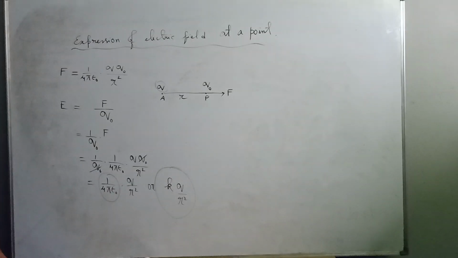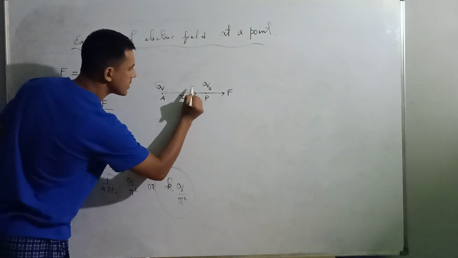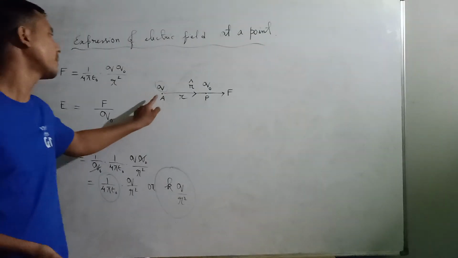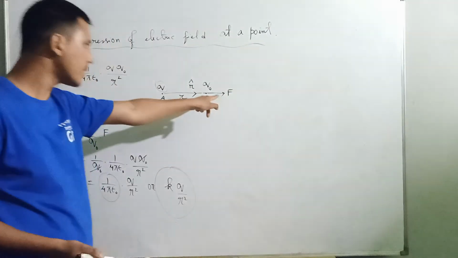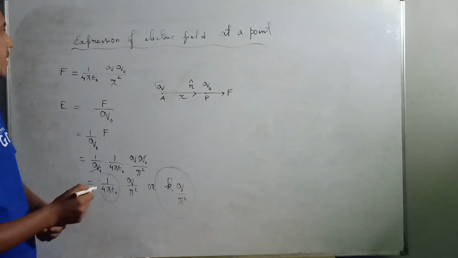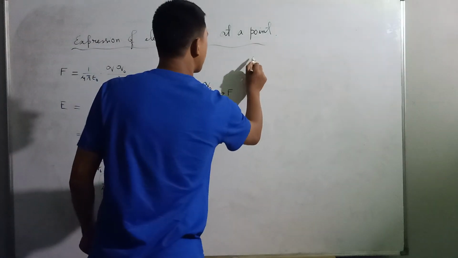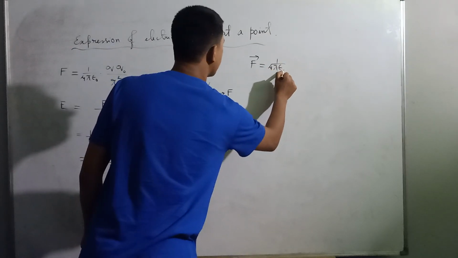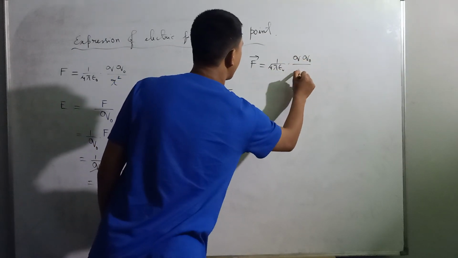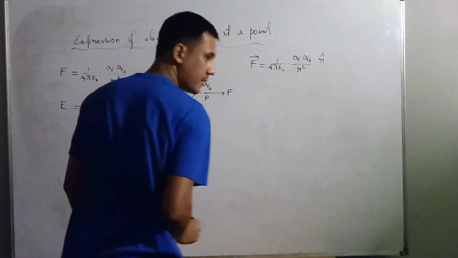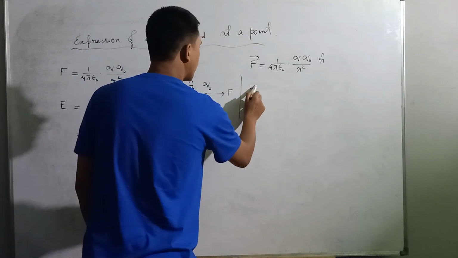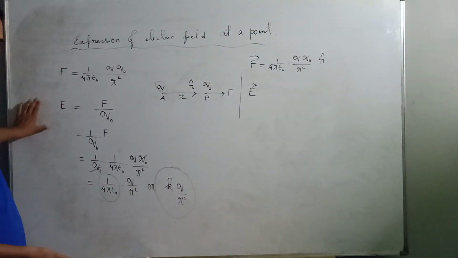In vector notation, if I want to write it in vector form, let's say that R cap is a unit vector from A to P, representing the direction of the force, right? In that case, according to Coulomb's law, the force will be equal to 1 by 4 pi epsilon naught into Q Q naught upon R square with unit vector R cap, right? Here we have found out only the magnitude of electric field.